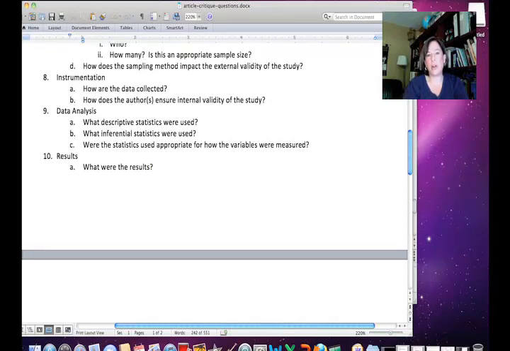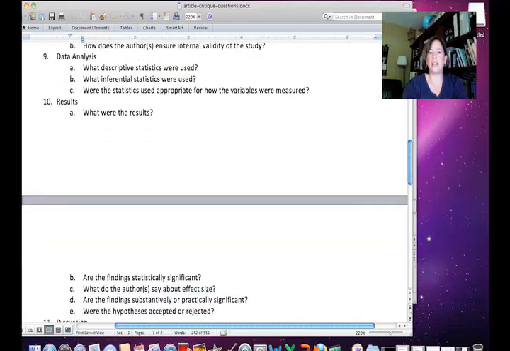Because remember, part of the scientific method is a rigid procedure for how the data are collected and analyzed. That way, the study could be replicated. How does the author ensure validity and reliability of the instrumentation, the surveys? That's one way they're going to collect the data.